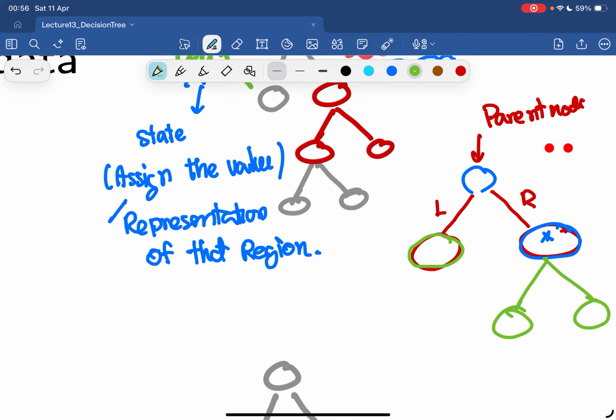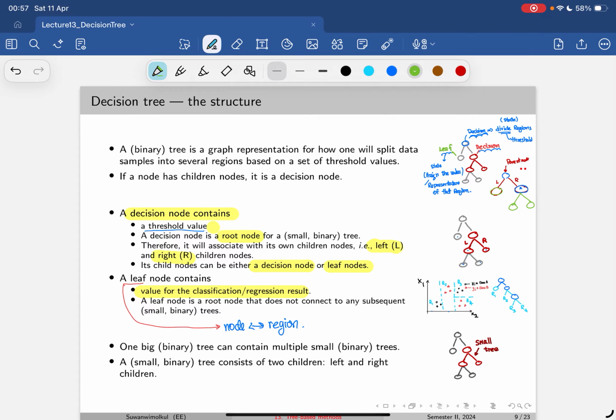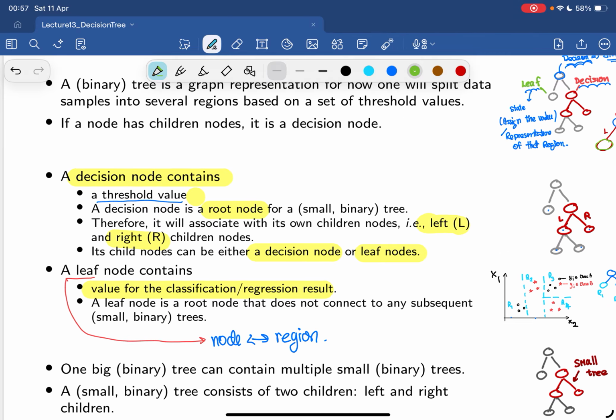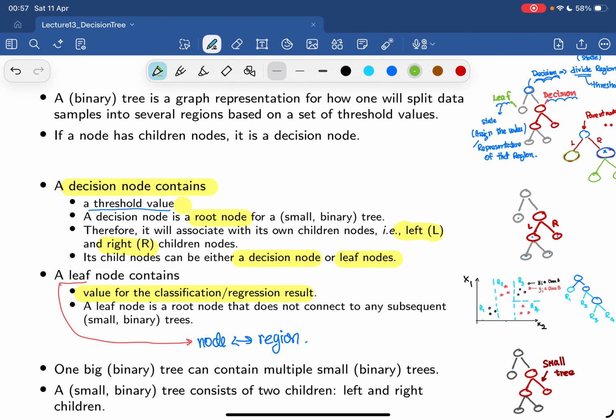It depends on whether or not a decision is reached. So the way the tree grows depends on how we design the algorithm. And for a decision tree, there will be some kind of rules that make the tree grow. And again, the leaf node will contain the value for classification, or the value that we want to assign or represent.